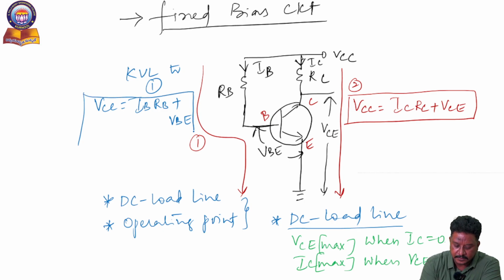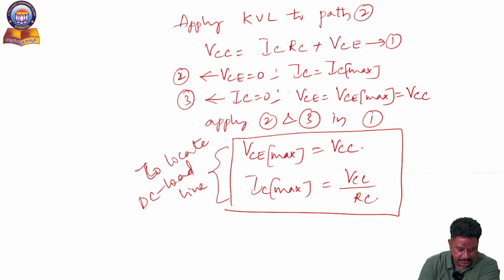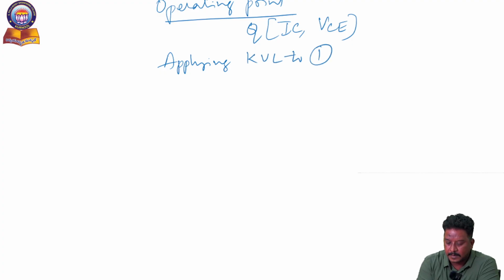Once again I am framing the equation by applying the KVL to path 1. I am taking the help of the same equation in locating the operating point also. Applying KVL to path 1, VCC is equal to IBRB plus VB.